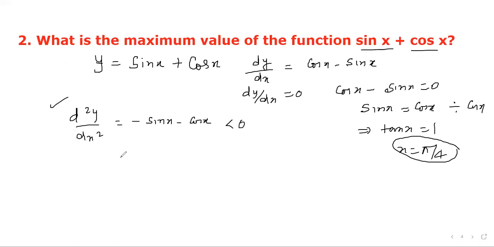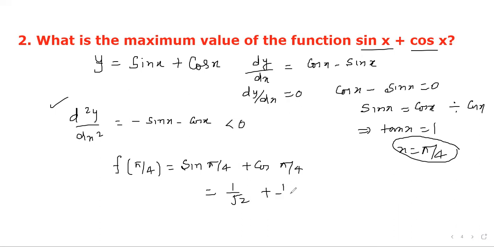So f(pi by 4) will be sine pi by 4 plus cos pi by 4, and that will be equal to 1 upon root 2 plus 1 upon root 2, that is 2 upon root 2, which is equal to root 2.